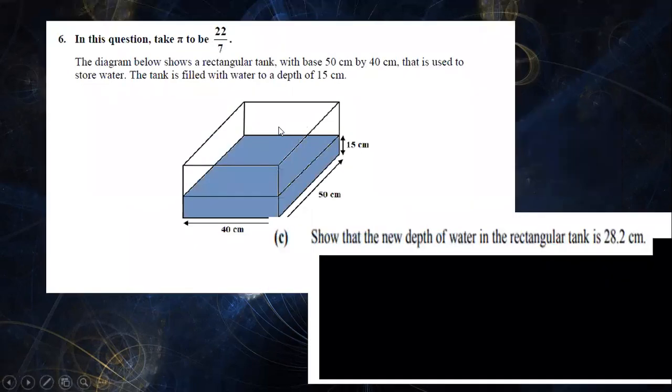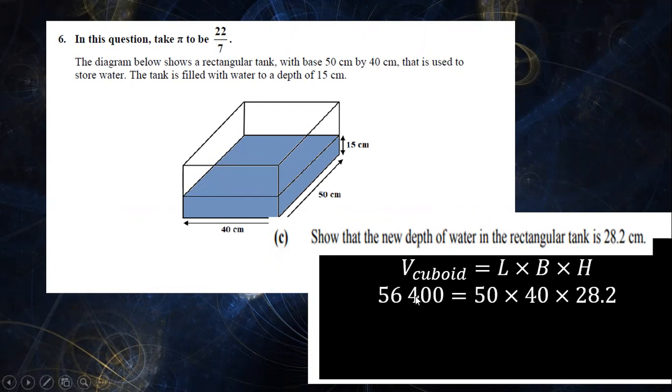Now then, show that the new depth of water in the rectangular tank is 28.2 centimeters. What you should do is have the volume of a cuboid and then place the height of the tank, okay, as the value for H. And check to see if the volume of water that you calculated from before, which is 56,400, is going to be equal to the volume if you calculated using L by B by H. And if you do calculate it, you'll find that the left-hand side is equal to the right-hand side, so it's shown.